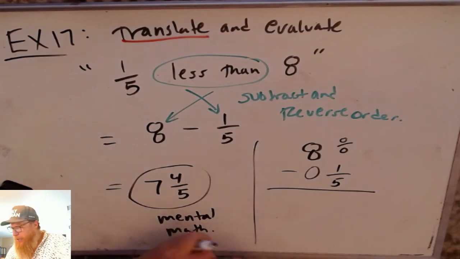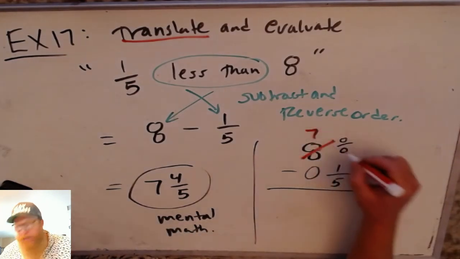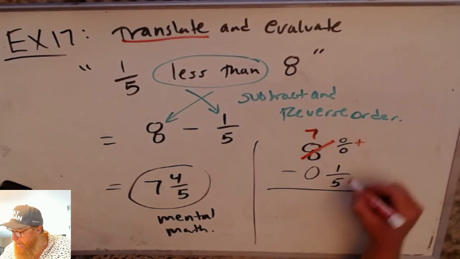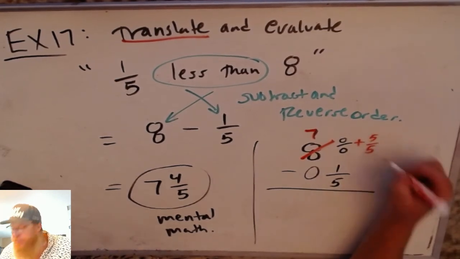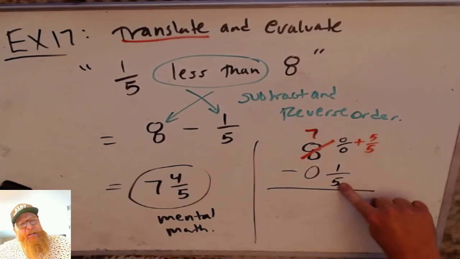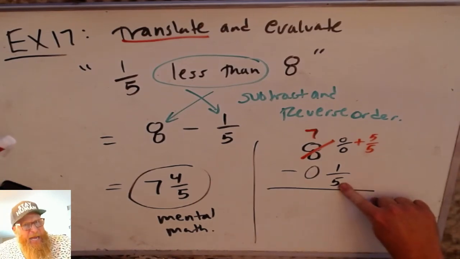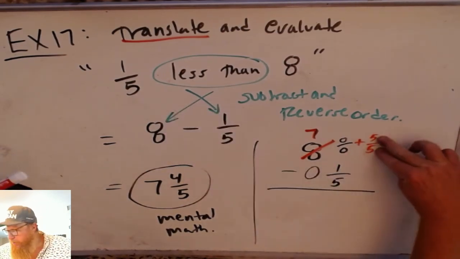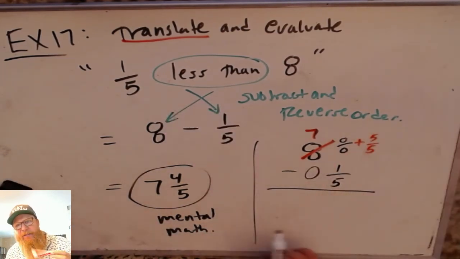All right. So we're going to borrow 1 from 8. That'll make that a 7. And we're going to add 5/5. Look down here. Whatever the other fraction has, that's the denominator you want to use. So 1/5, we're going to put 5/5.